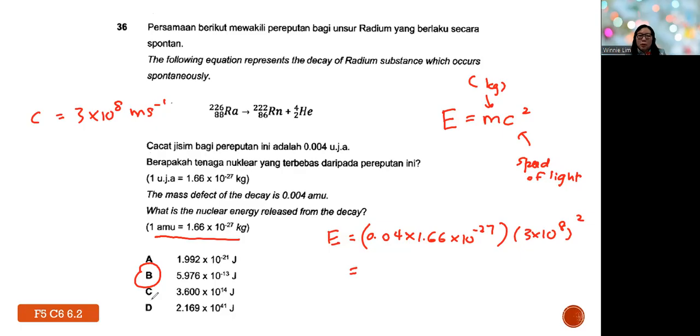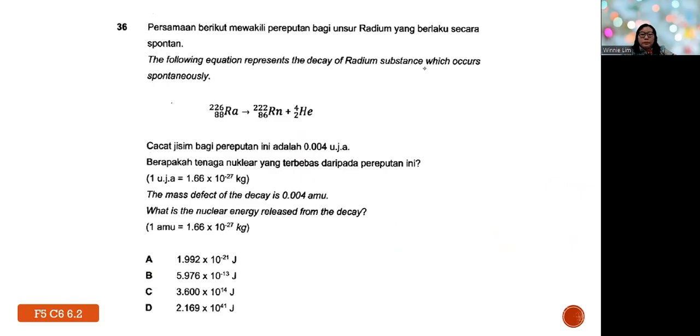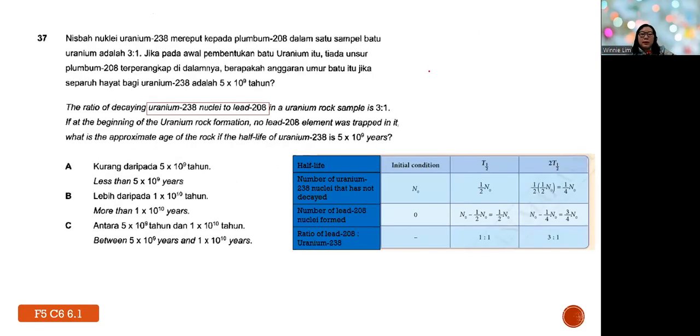A. Oh, sorry, this one I missed out a 10 over here. Okay, it's 0.004. Yeah, so it's -13.37. Okay, so for these questions, they actually got a slight mistake.